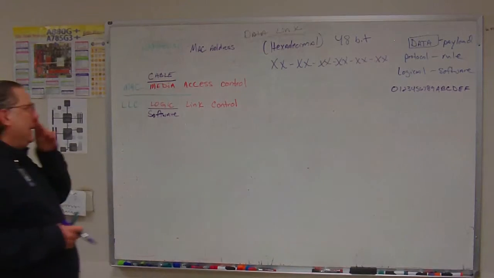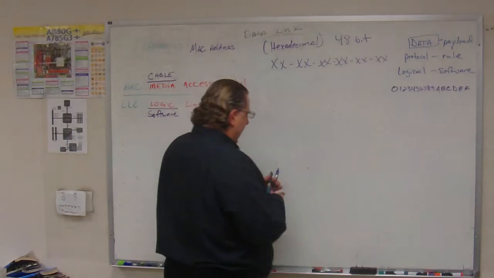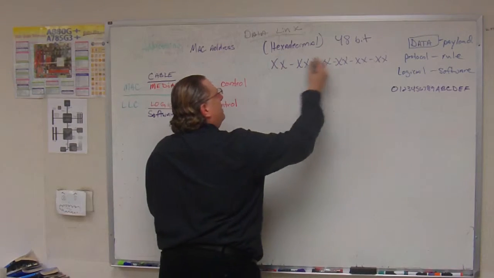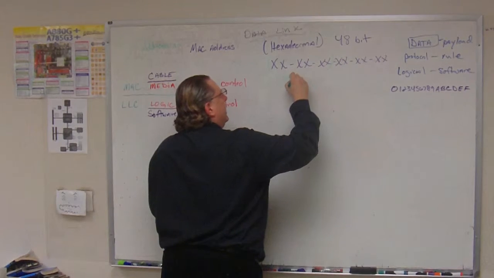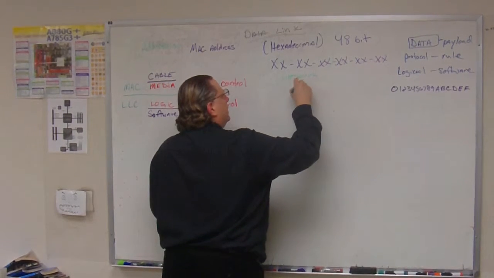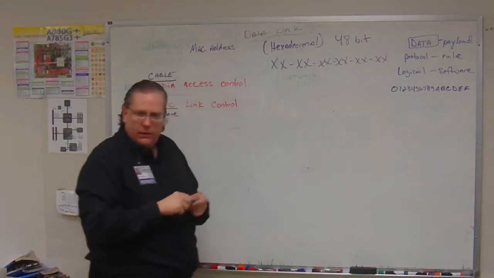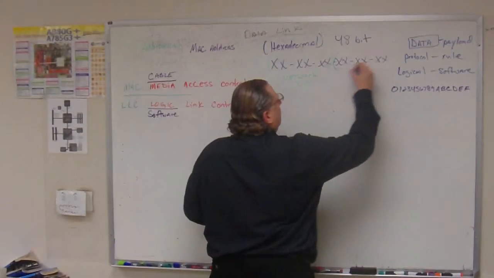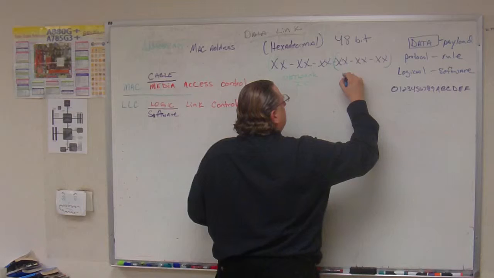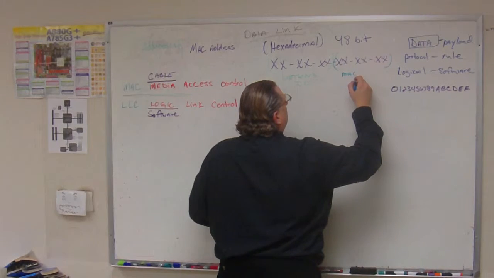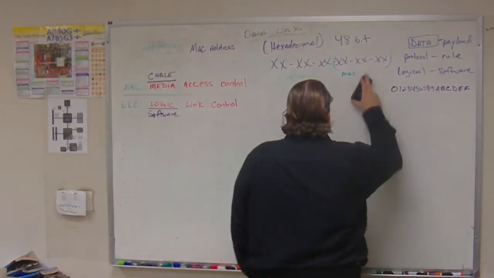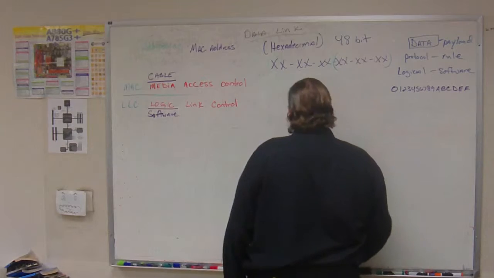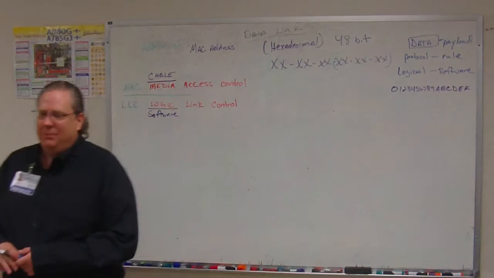All right, so there's another thing that we should know about them, and that is, how did we get this? Well, the first half here is a network ID. So it's an identification number for the network. The second half right here... big mistake.